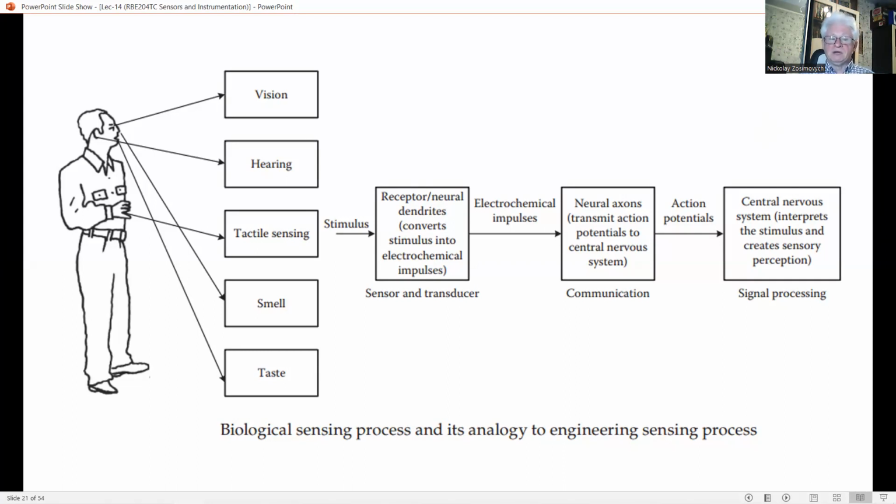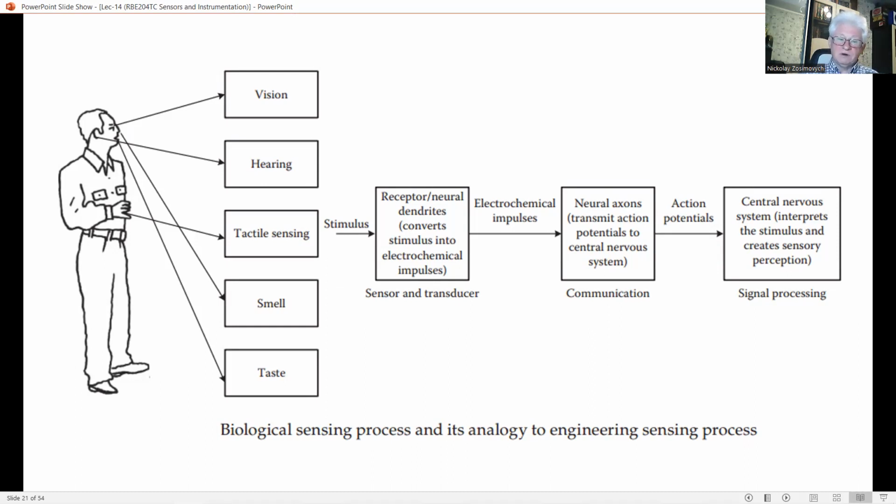In their development, robotic and other engineering systems have long relied on and been inspired by the sensing process of humans and other animals. The basic biological sensing process is shown in this figure.